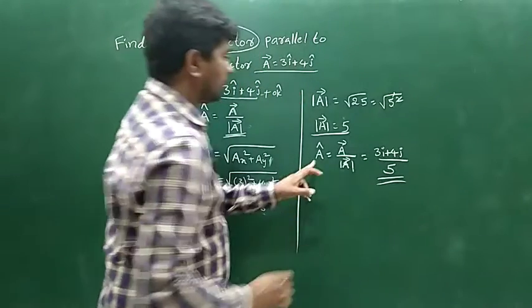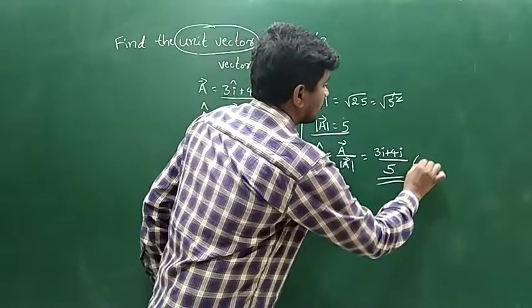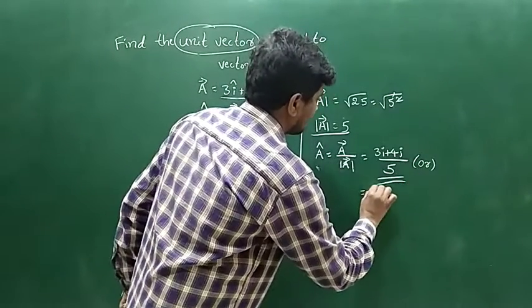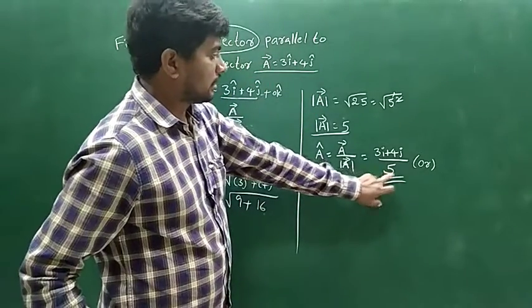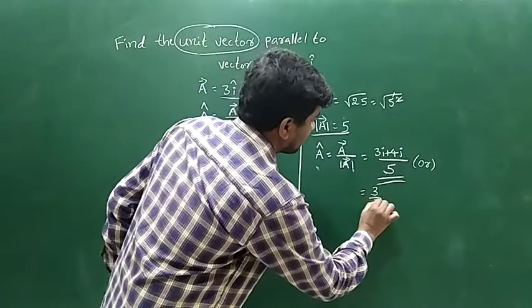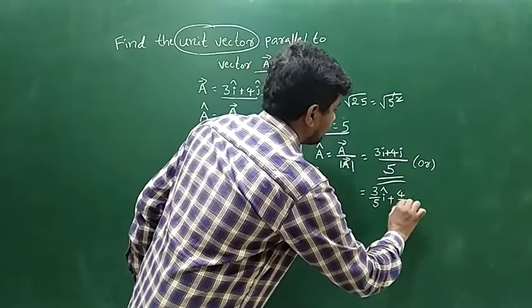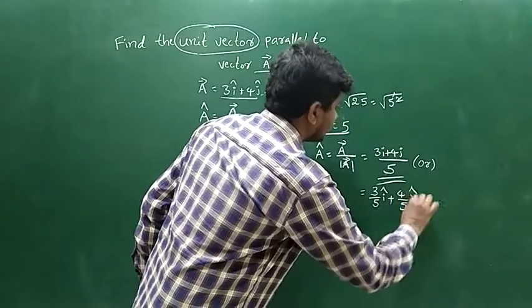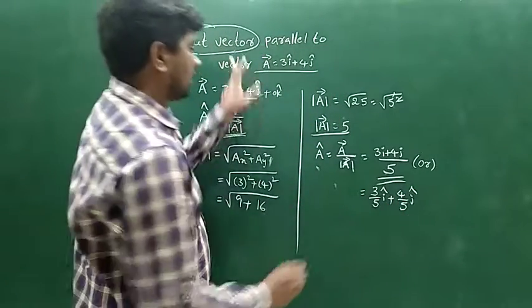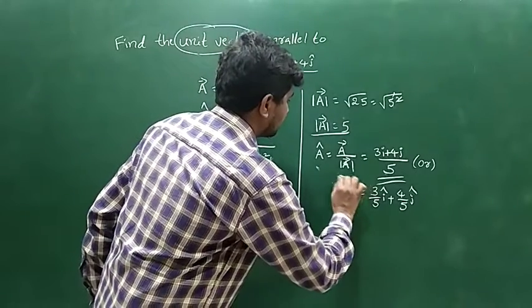This is the unit vector, or the denominator converted to 3 by 5 into i cap plus 4 by 5 into j cap. This is the unit vector a cap.